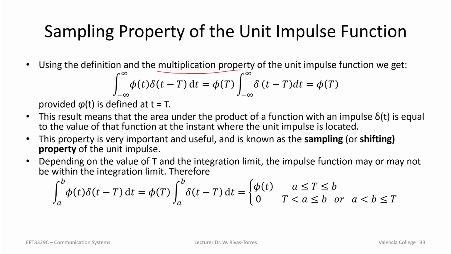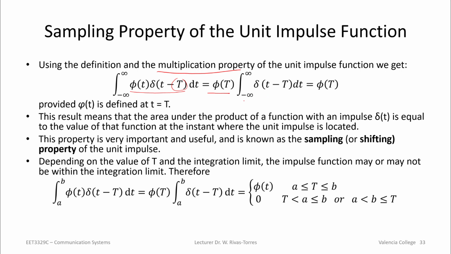So if I want to evaluate this integral, first of all, this portion, the function, I only care about what happens at value capital T. As soon as I evaluate this function at capital T, it becomes a constant and I can take it outside of the integral.